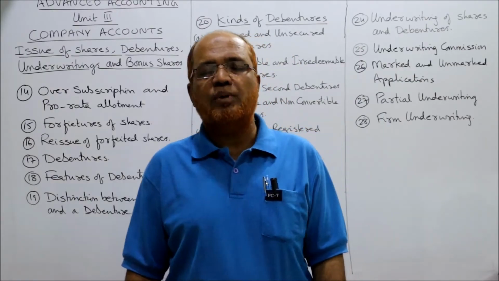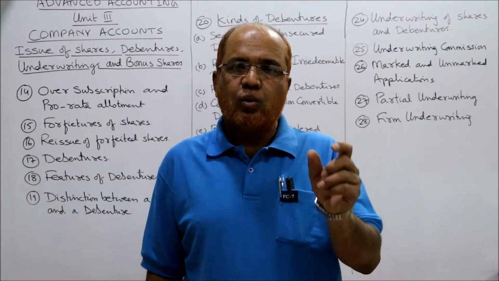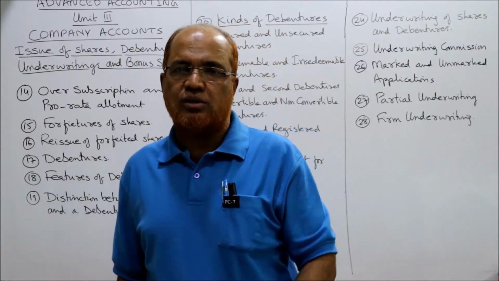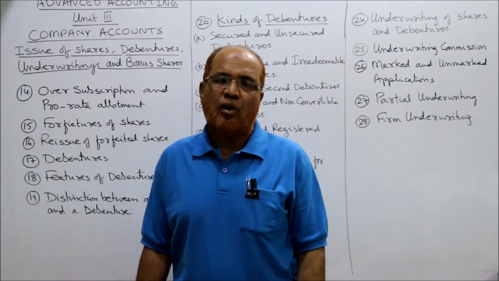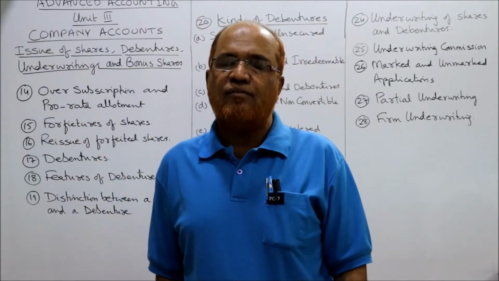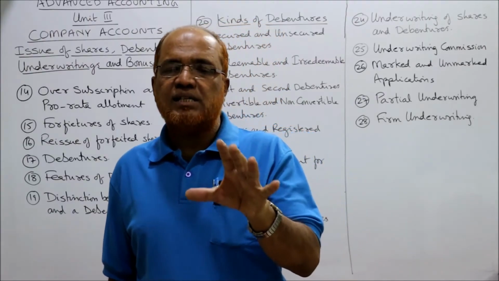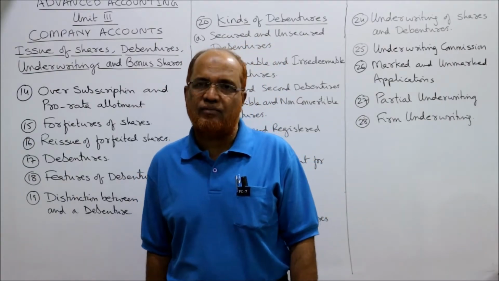Now the company wants to make pro-rata allotment. So the ratio of allotment is 12,000 to 10,000, which means 12 is to 10 or 6 is to 5. It means for every 6 shares applied for, the company will allot 5 shares.